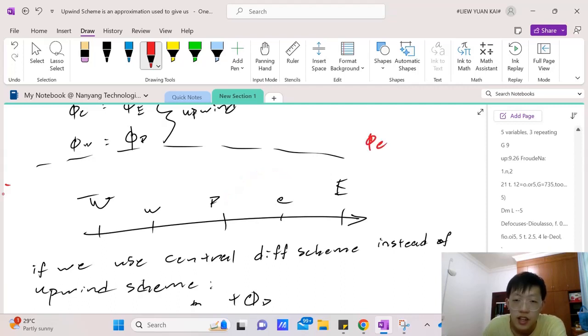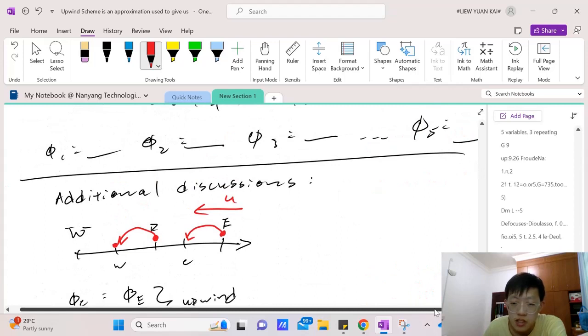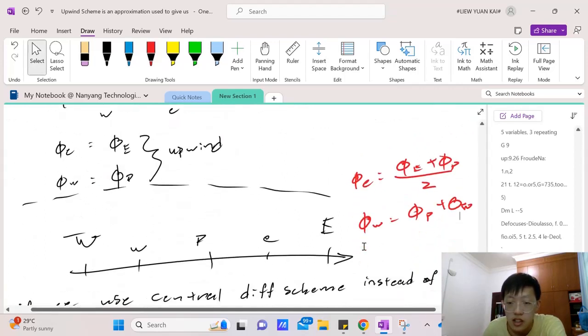So phi e will be equal to phi big E plus phi p divided by 2. Then we also don't know what phi w is, so we will take the average of its neighbors: phi p plus phi big W, divided by 2. Whoops, my apologies.